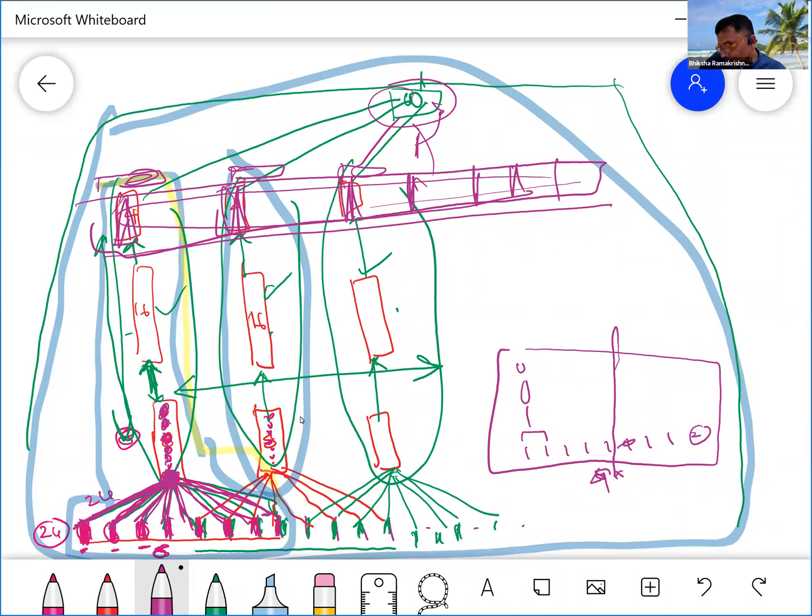But the way to think about it is this: this entire layer of neurons is feeding this entire layer of neurons, and this entire layer of neurons is occurring at the same time.